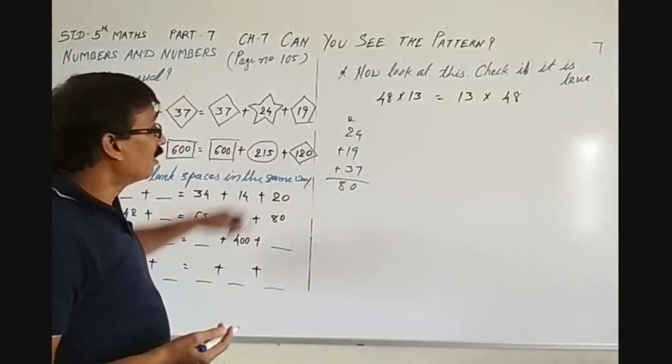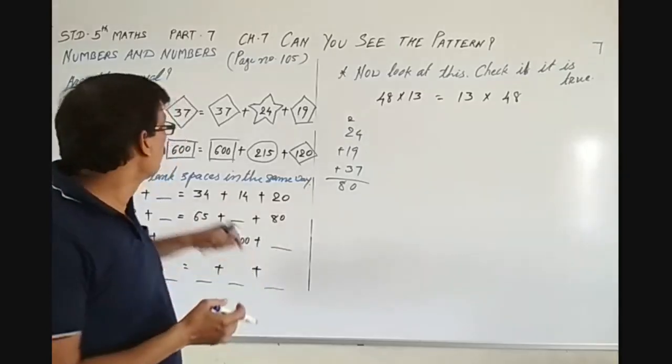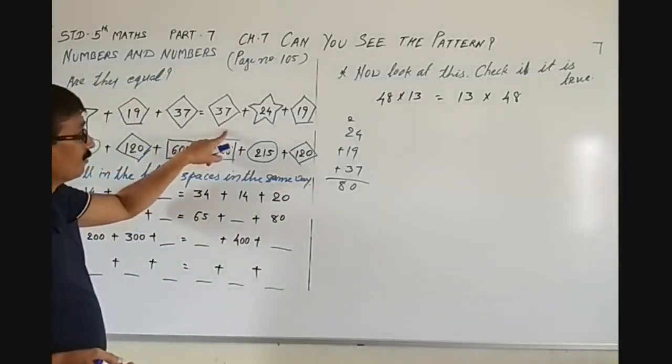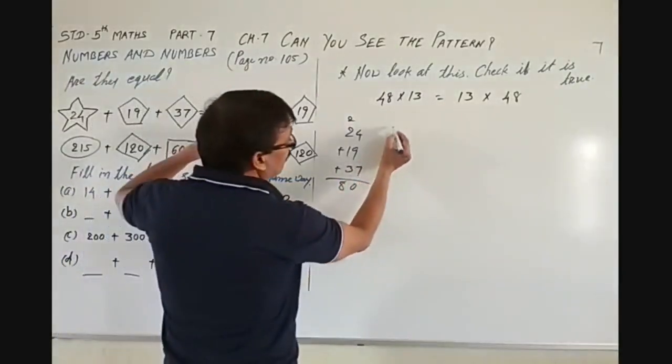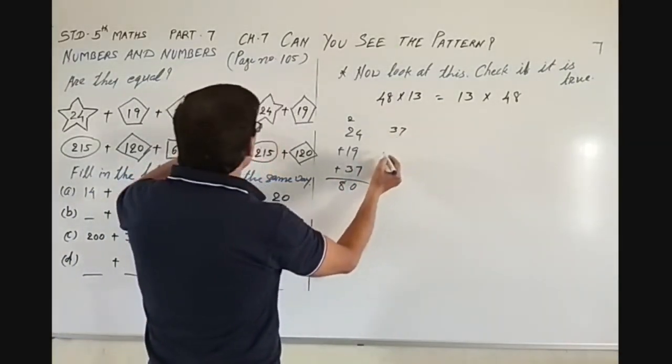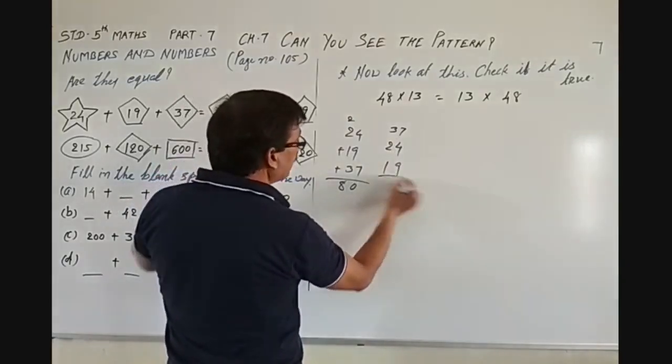Okay. Now, the numbers are same, but they are in another order. You can see the numbers are same, but first of all it is 37. Then after it is 24. Then after it is 19.